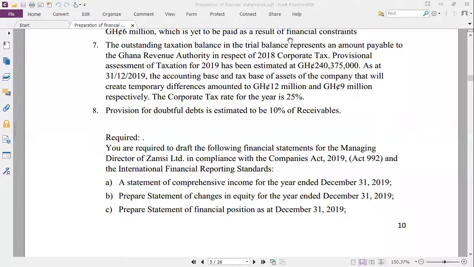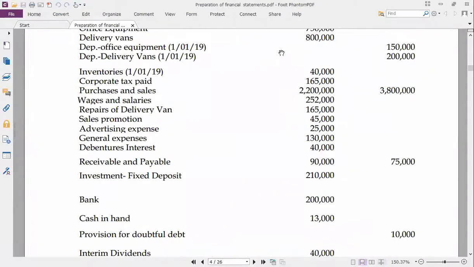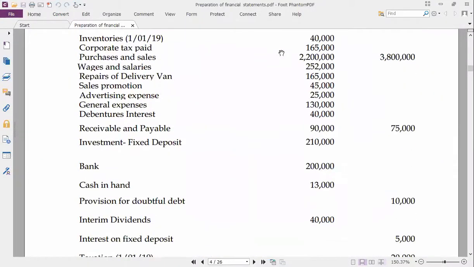So I'll give you just a minute to scan through this trial balance and tell me what is new.